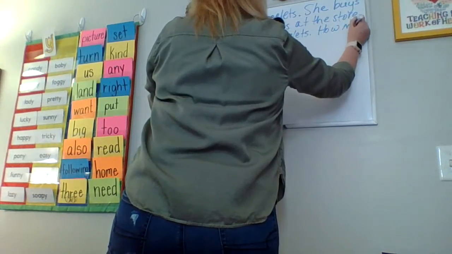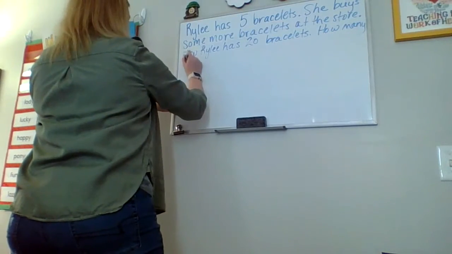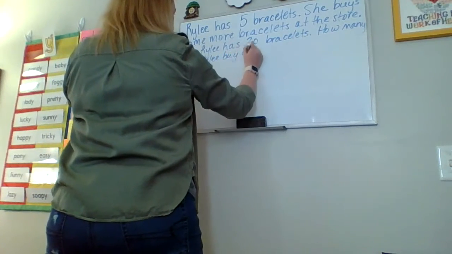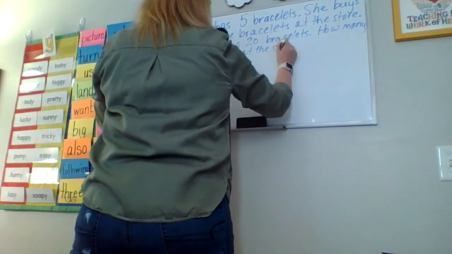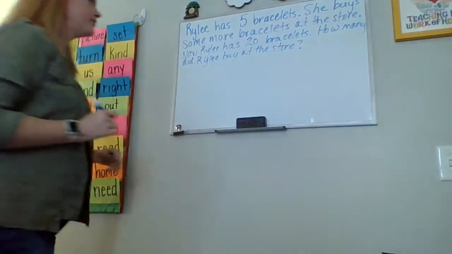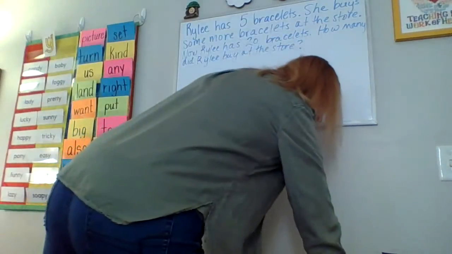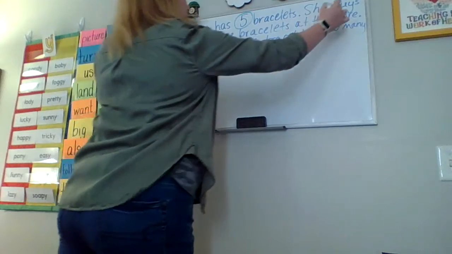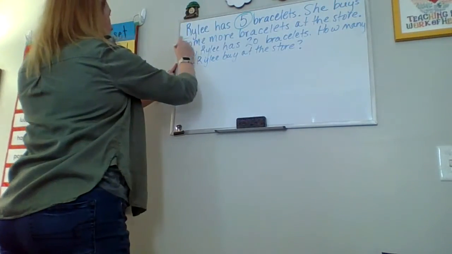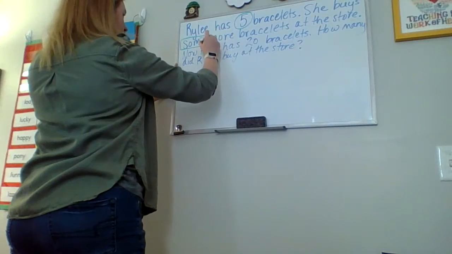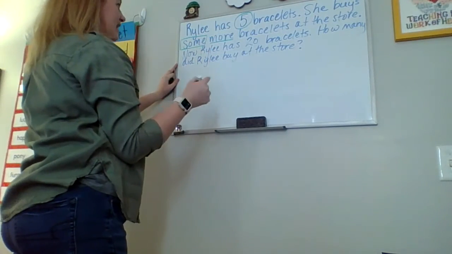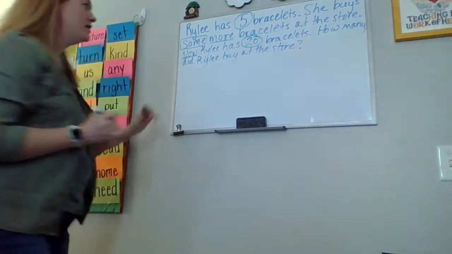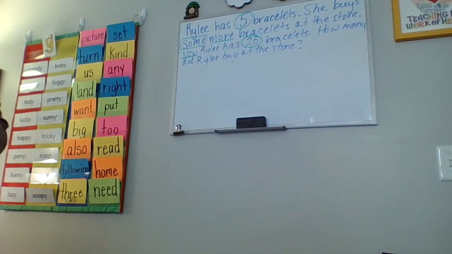How many did Riley buy at the store? Okay, so Riley has 5 bracelets. She buys some more bracelets at the store. Now she has 20 bracelets. How many did Riley buy at the store?